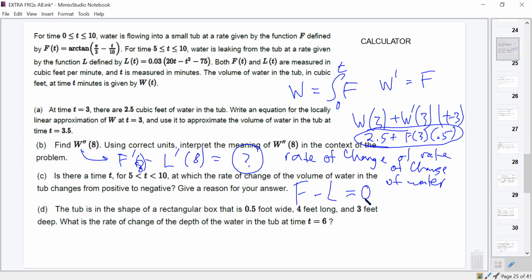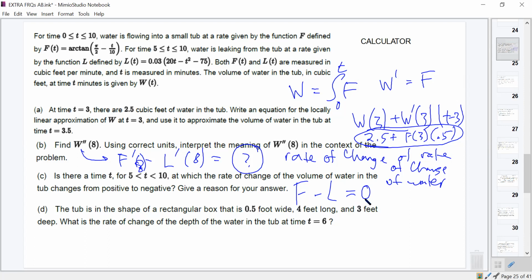And we'll check and see when it equals 0, and then we'll make sure that it actually changes sign. So we would just graph F minus L and look for any sign changes anytime it crosses through the x-axis between 5 and 10. Any questions on that? Does that make sense? Yeah. Cool.